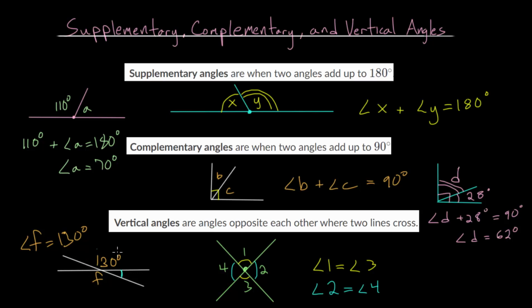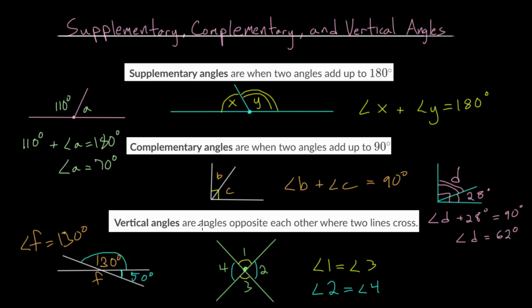Since notice this angle, this 130, and this extra piece here, these form the angles of a line. So they're going to be supplementary. So we can find this missing angle because these two add up to 180 degrees. And so if we set up our equation like we did here, we can find out that this would be 50 degrees. Since 50 plus 130, they do add up to 180.